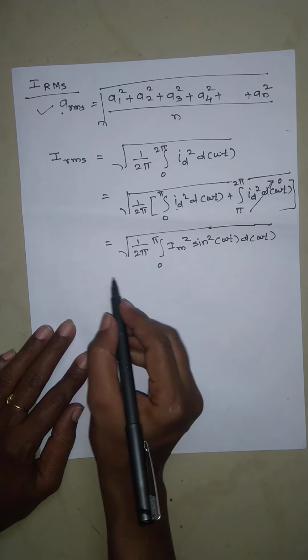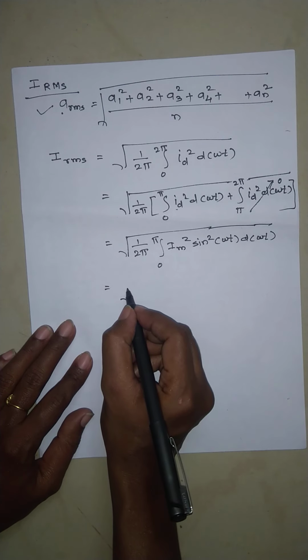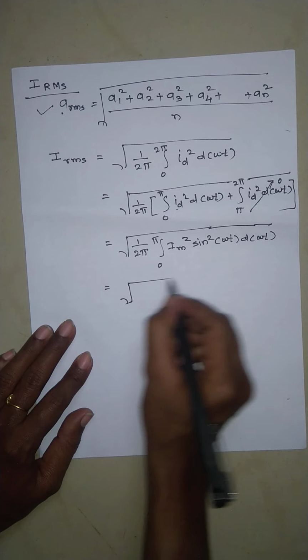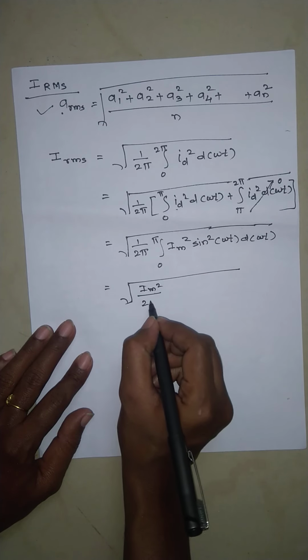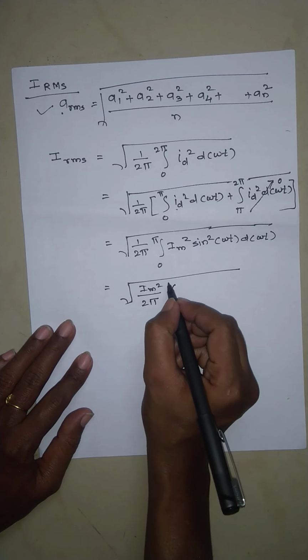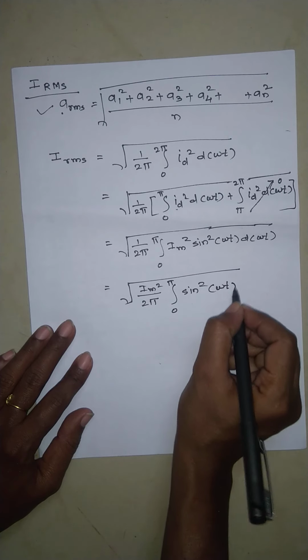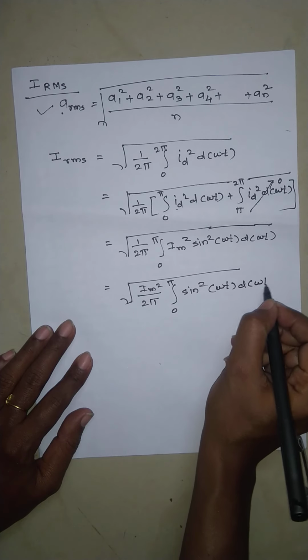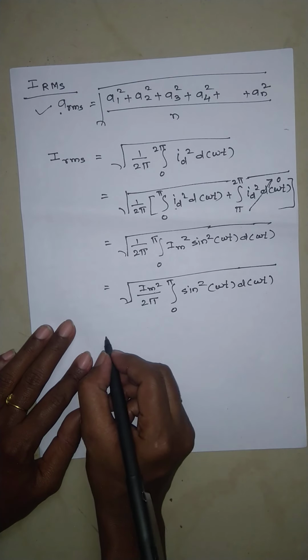So this is nothing but under the root of Im square upon 2 pi, integration from 0 to pi sine square omega t d omega t. So how to solve this integration?